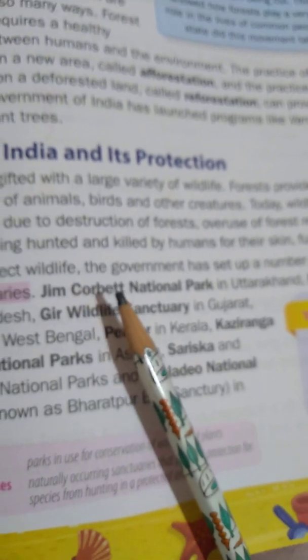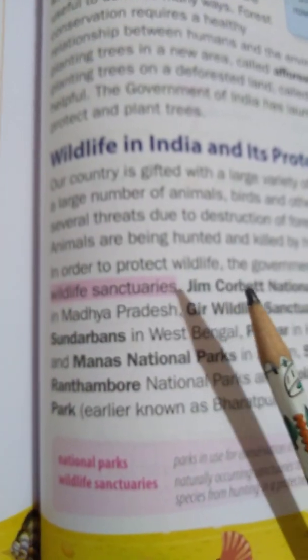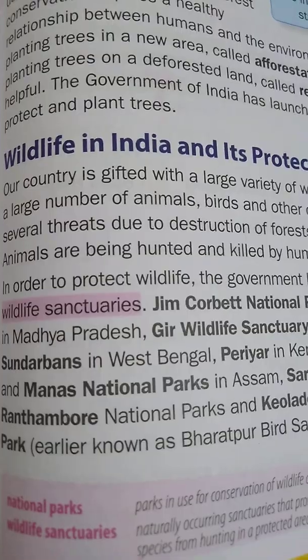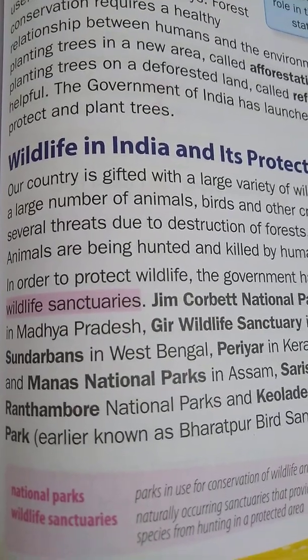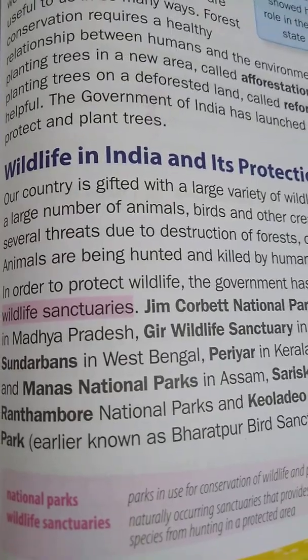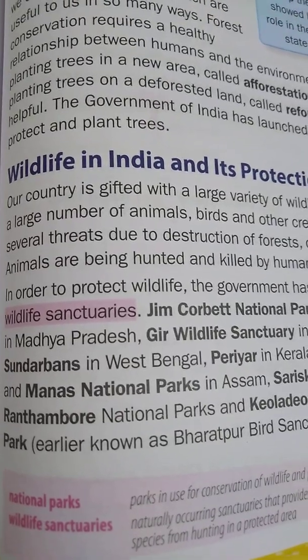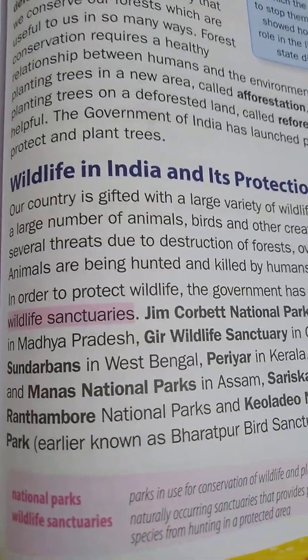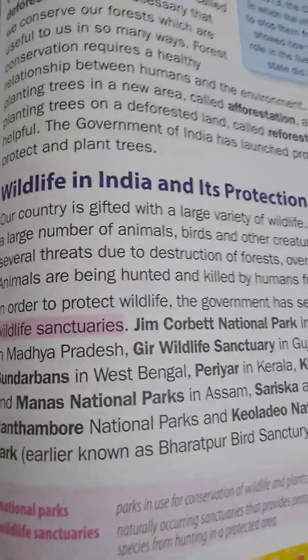In order to protect wildlife, the government has set up a number of national parks and wildlife sanctuaries. So, in order to save these animals, birds and other creatures, the government has set up a number of national parks and wildlife sanctuaries.